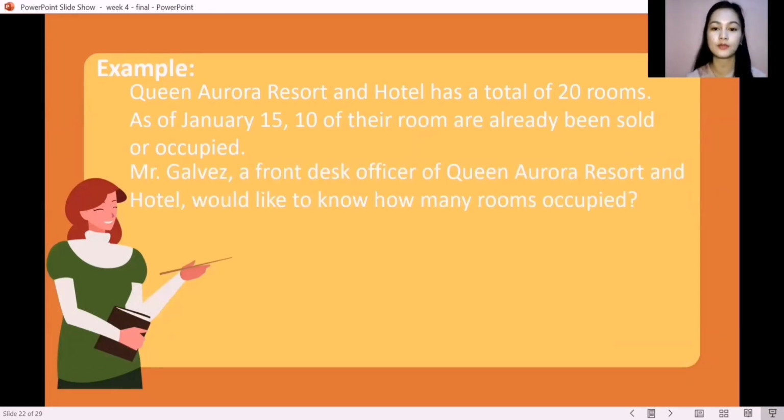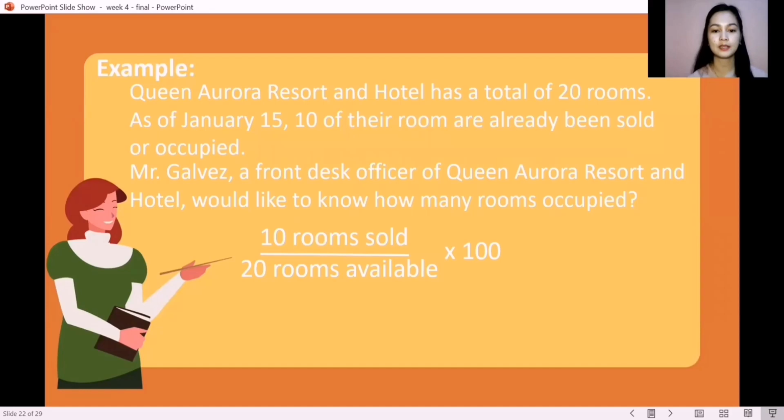Galvez, a front desk officer of Queen Aurora Resort and Hotel, would like to know how many rooms are occupied, or the room occupancy percentage of the Queen Aurora Resort and Hotel. So 10 rooms divided by 20 rooms available multiplied by 100.